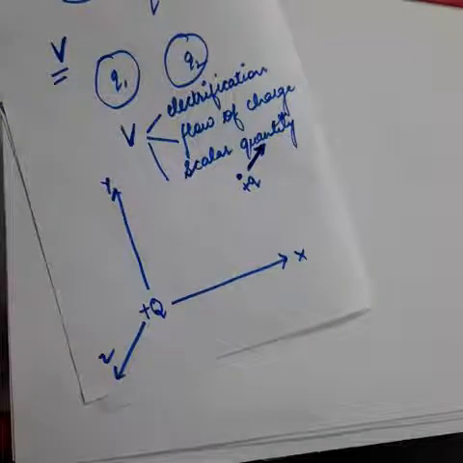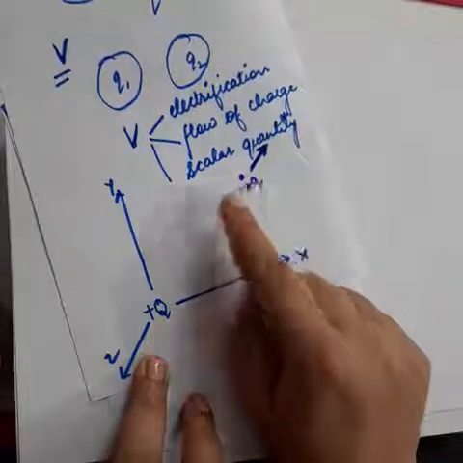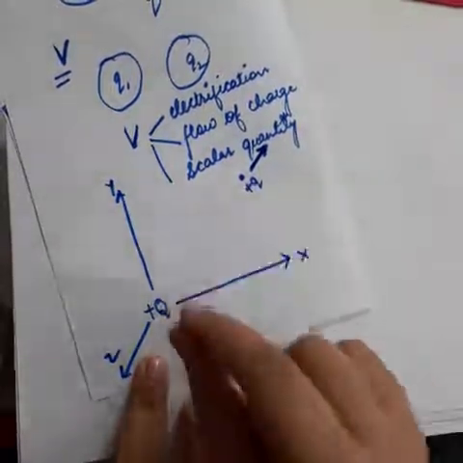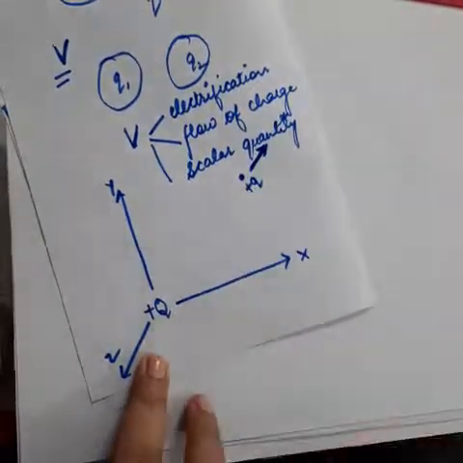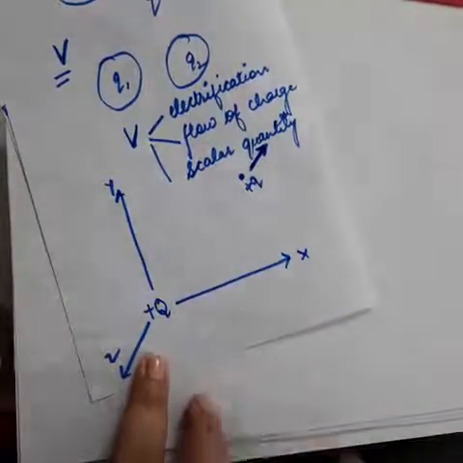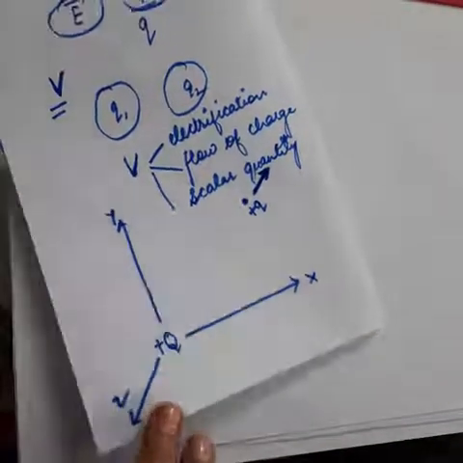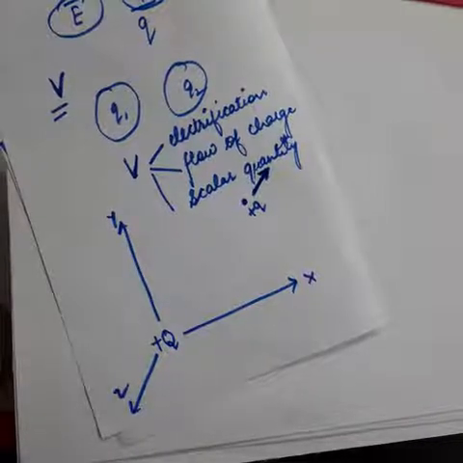But suppose you are deliberately taking this charge from here and entering it inside the electric field. The natural tendency was to repel, but you have deliberately applied force and made it enter the electric field. In that case, don't you think that you have done some work against the electric field? Of course, yes.